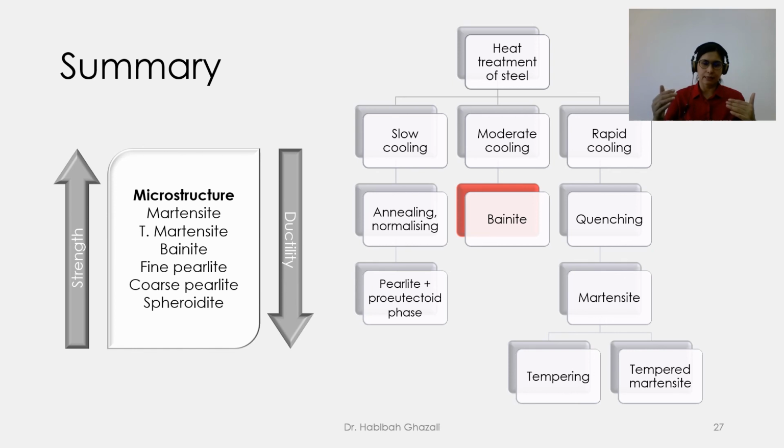However, the ductility will increase as it goes from martensite to tempered martensite to bainite, fine perlite, coarse perlite, and spheroidite. Don't worry, I haven't discussed fine perlite and coarse perlite. I will talk about it in the next lesson.